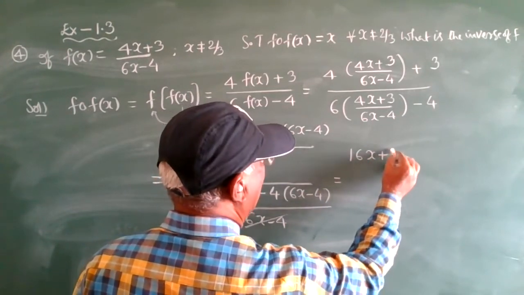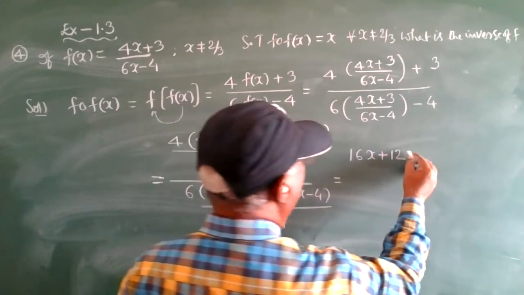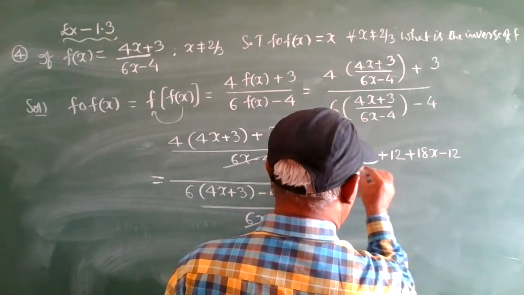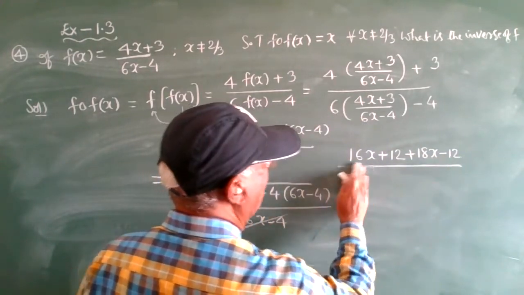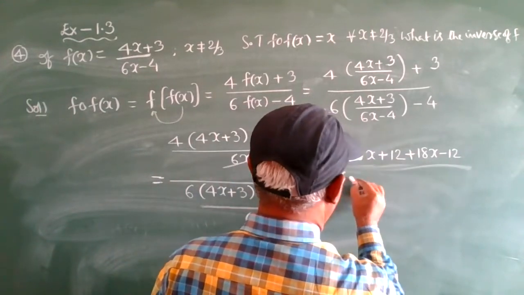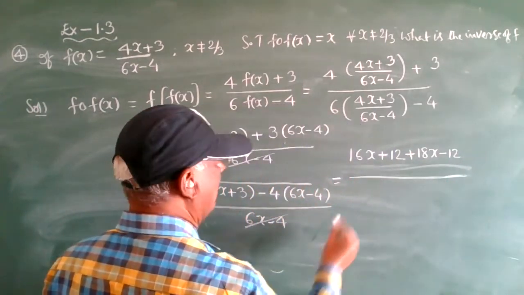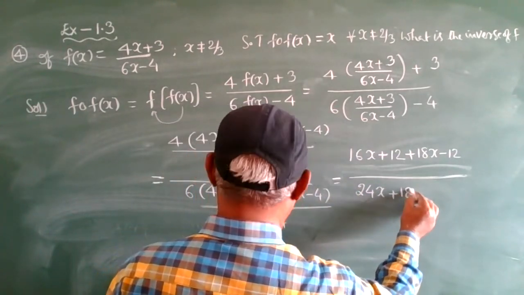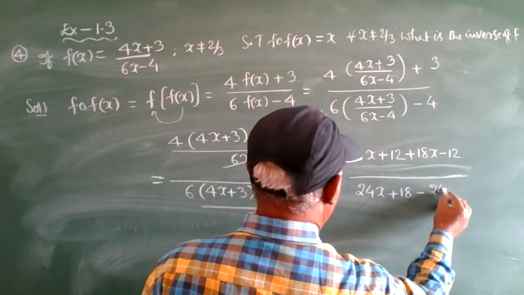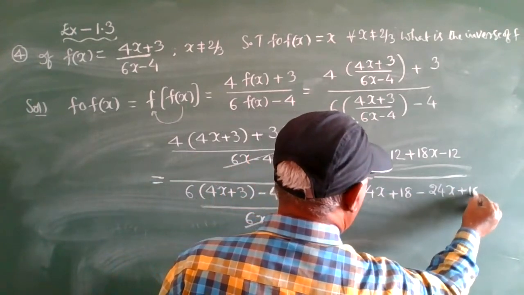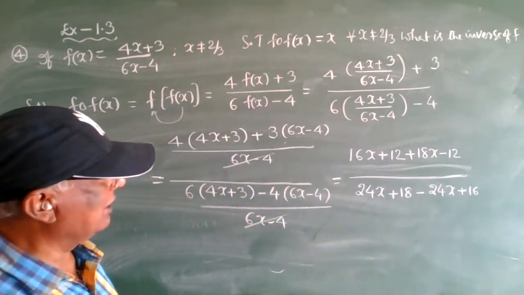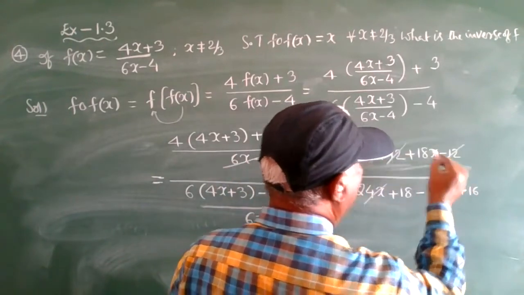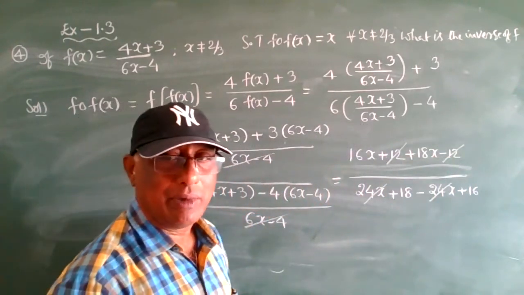16x plus 12 plus 18x minus 12, upon, what is the value? 24x plus 18 minus 24x plus 16. So 24x cancels. 12 is cancelled. What is the remaining value?